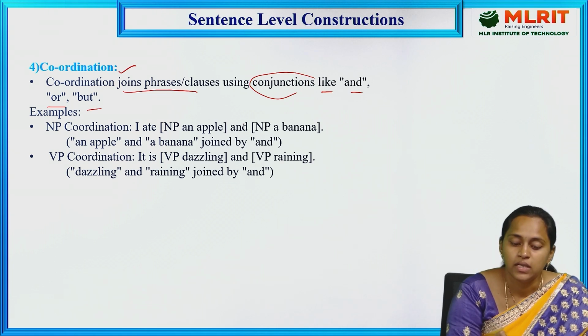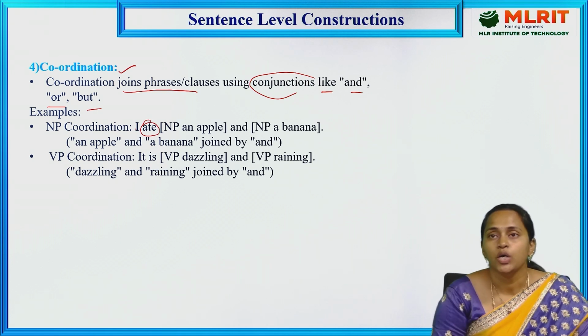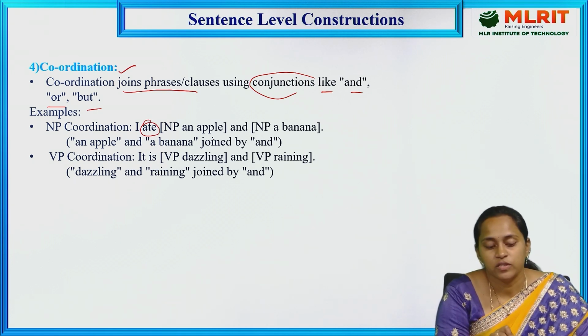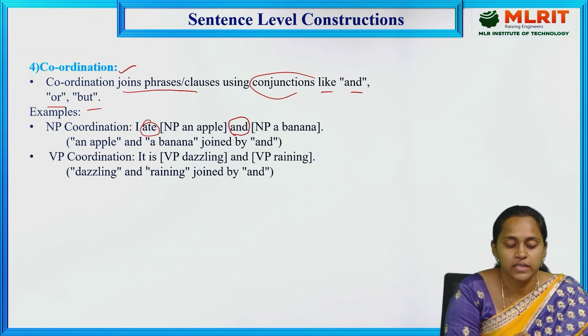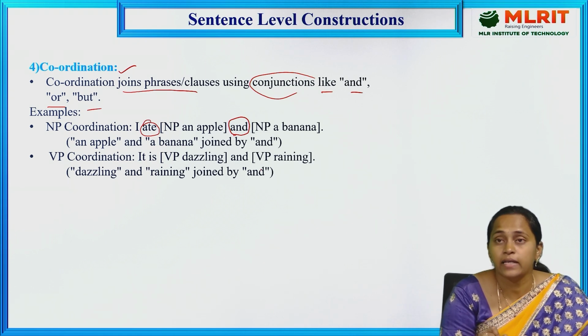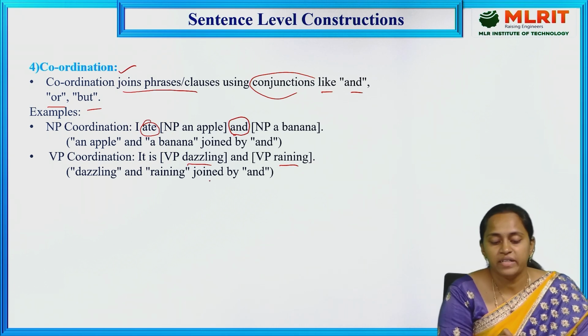Here ate joins the two words, apple and banana. This is called coordination. We are using conjunctions like and. Verb coordination: it is drizzling and raining. Here drizzling and raining are joined by and.